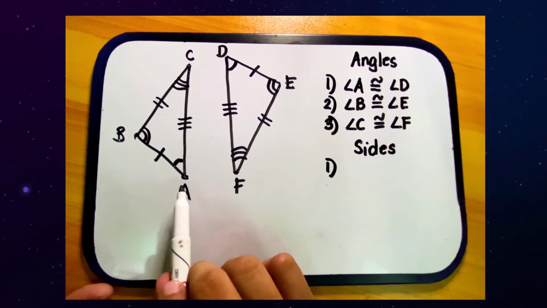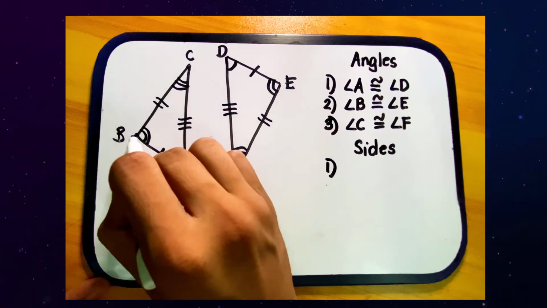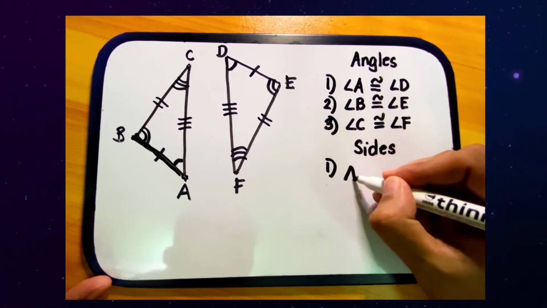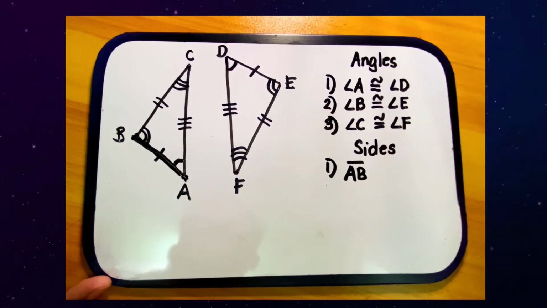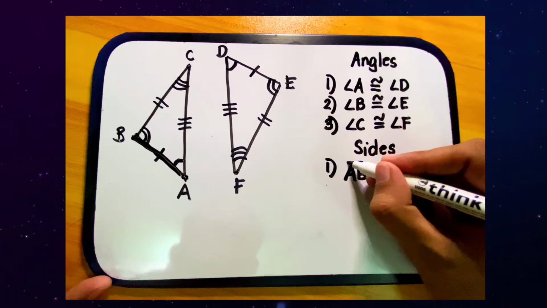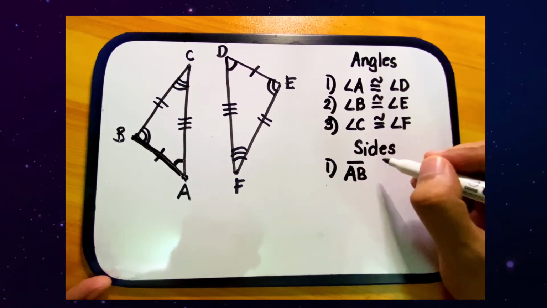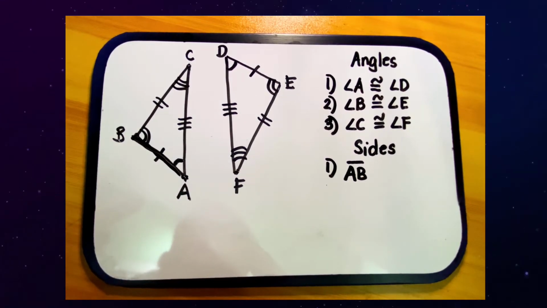Side AB, okay? Draw the symbol of a segment, not a line. A line has two arrows at both ends, okay? It is a segment because A and B have a limited distance.